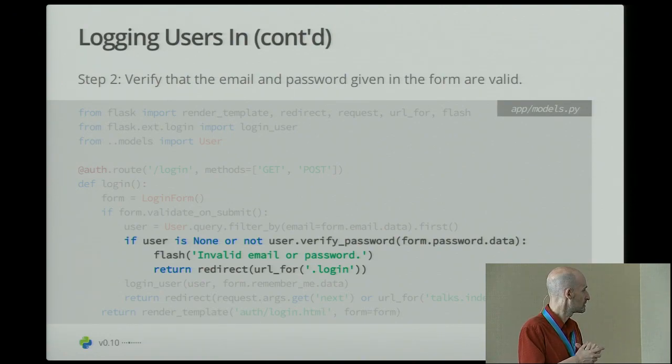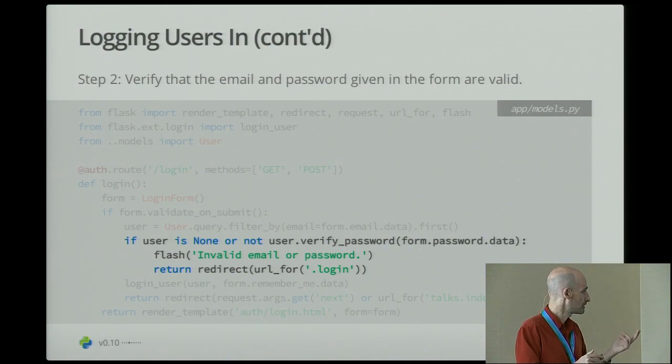The second condition: the user is not None, but then I call the verify password method that we built a couple of versions ago, and I send the password data from the form. If that returns false, that means the password is invalid. The user is okay, the email is okay, but the password is invalid. So either case, it's an error.